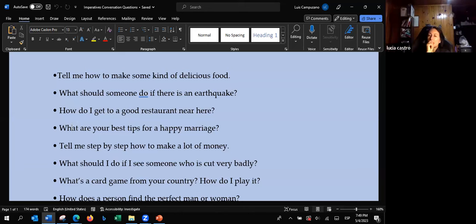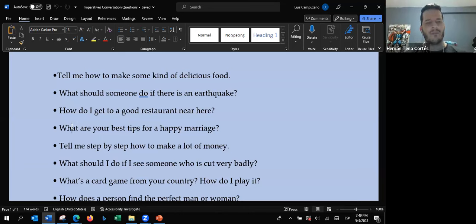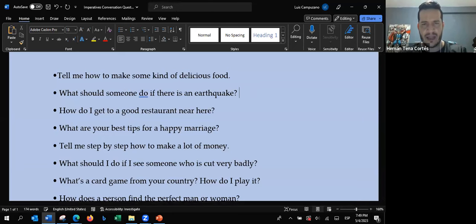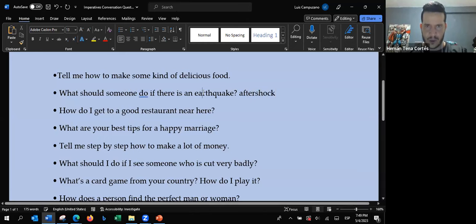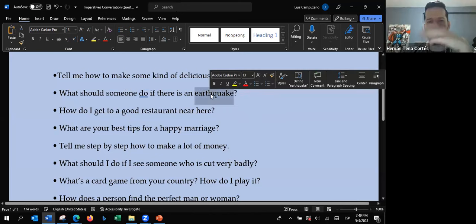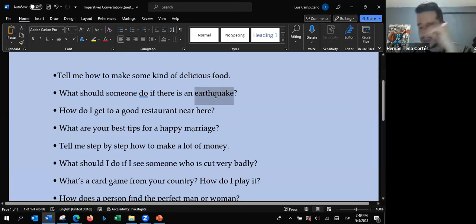Exacto, la escala de Richter, pero para esos sismos que pasan después del earthquake, después del grande o del inicial, sí se dicen aftershock. Oh, yeah. So usually we have the earthquake and then we have the aftershock. So you have experienced earthquakes, but they weren't too strong.